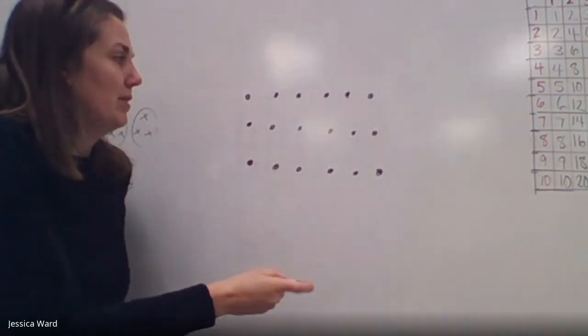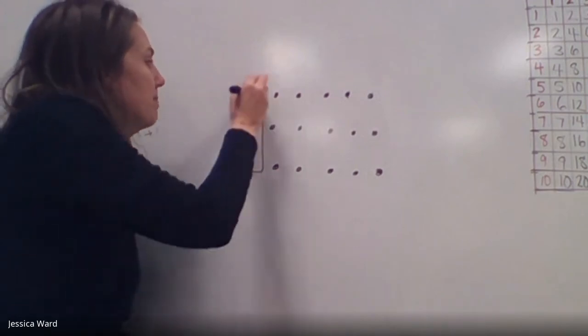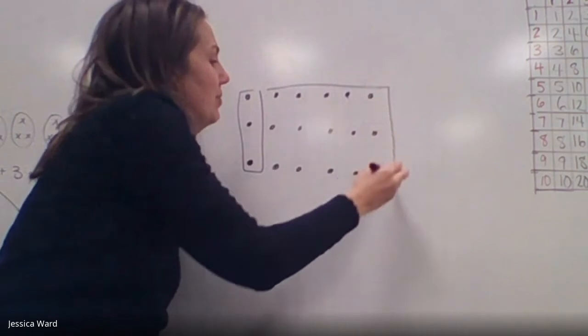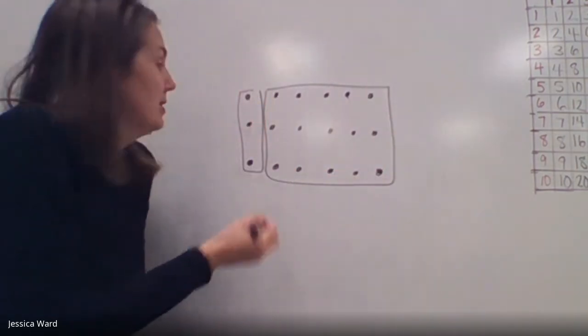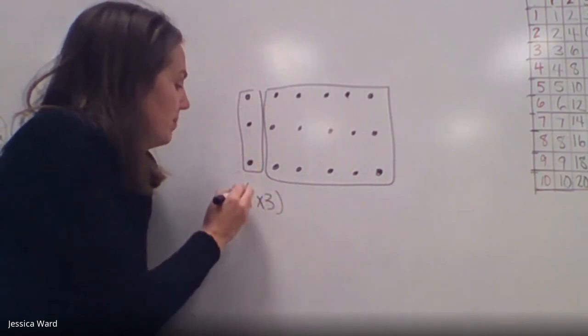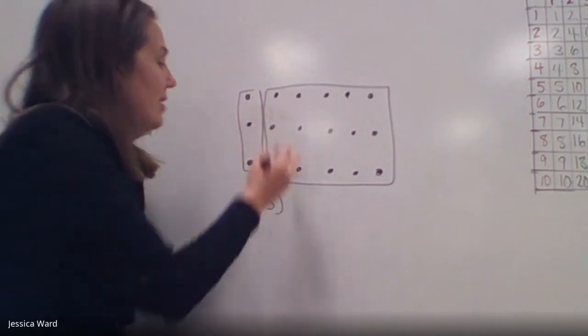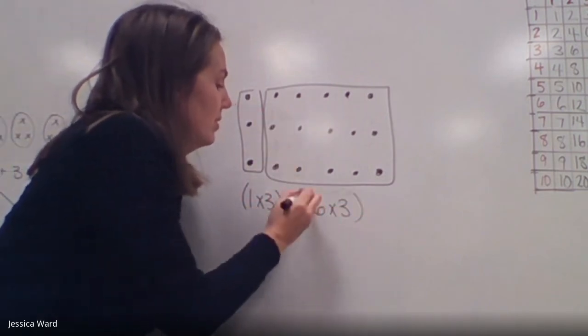And this time I'm going to go ahead and say that I have 1 group here, and I have a group of 5 over here because I know my 1s and my 5 stacks already. So I could say I have 1 times 3 over here, and then I have plus 5 times 3 over here.